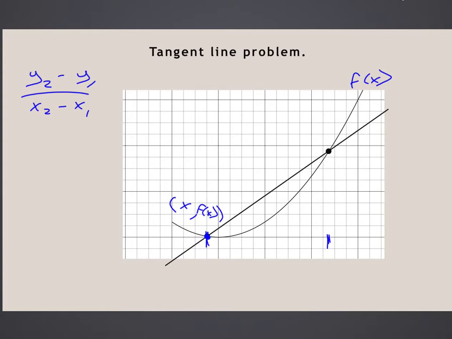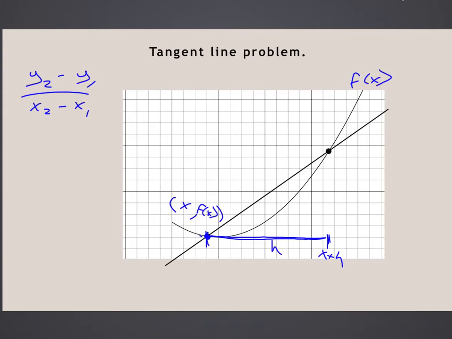It is larger. So, let's say this was some distance right here. We're going to call this distance h. If I start out at the x value of x, and then we move over h, what is my new x value called? X plus h.